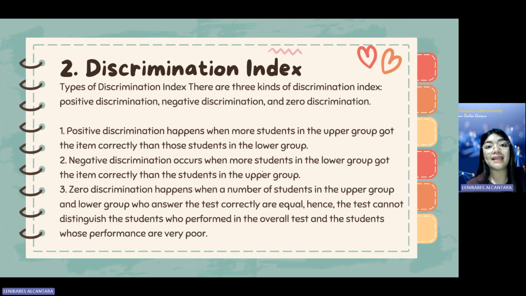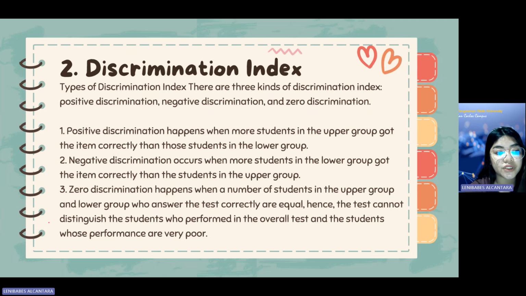Kasi expect mo naman talaga na mas marami dapat ang makakuha ng tamang sagot doon sa mga group ng estudyante na matataas ang scores. Pero, pag mas maraming nakakuha ng item na yon doon sa lower group, ibig sabihin, that's a negative discrimination because the students from the lower group, mostly of them get the correct answer in that item. I hope you're getting the point of it, okay?